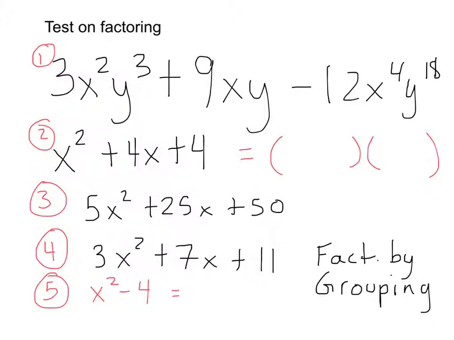A difference of squares, because this x squared is a perfect square, and this 4 is a perfect square, and I have a minus in the middle, don't I? And so a difference of squares factors into two binomials. So in this case, I'd have x minus 2 and x plus 2, wouldn't I? Those are the 5 types of problems you need to be able to factor.